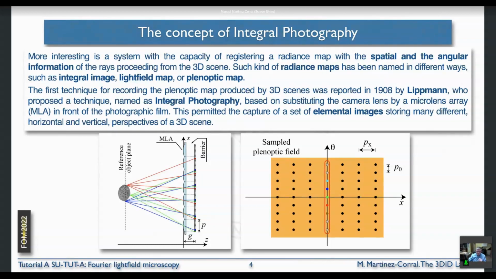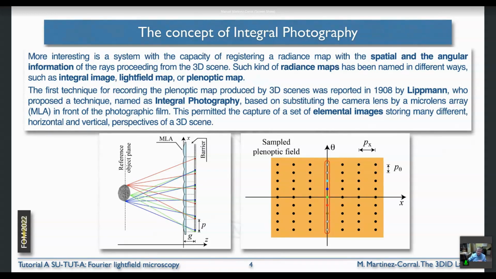And this process can be represented in the plenoptic function, as before we did. But now the plenoptic function is different. Let's have a look at it. For example, this corresponds to the central image, what we call the central elemental image. We can see that all the rays are passing through the same spatial point, same value of x, but they have a different angle, different inclination.